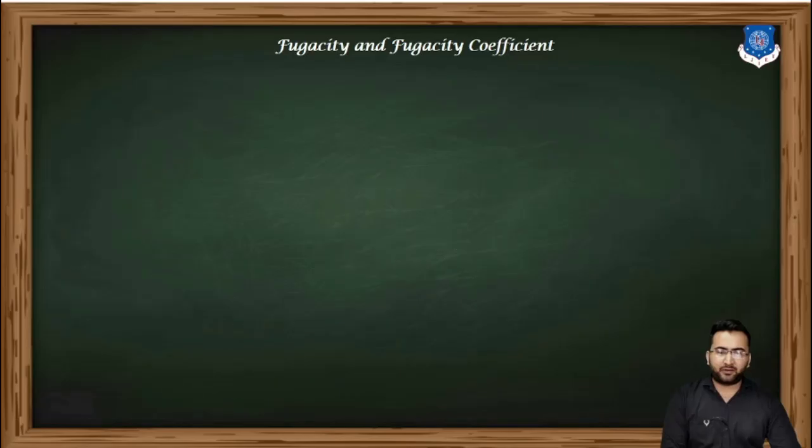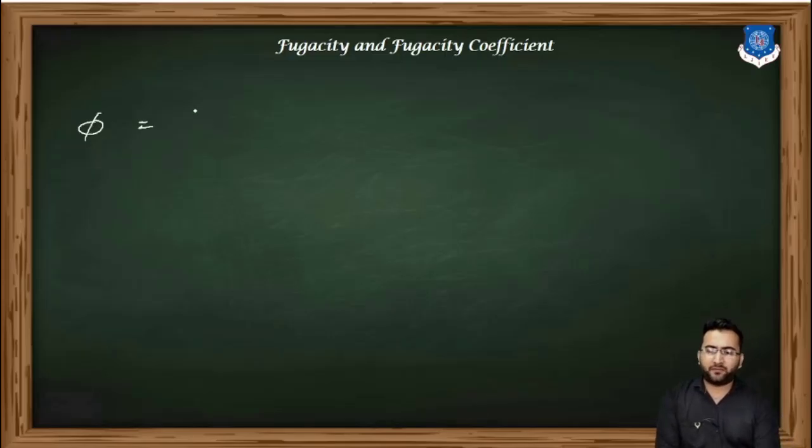Now let's discuss the fugacity coefficient. The relation of fugacity to pressure is known as the fugacity coefficient. It is denoted by phi, and the definition is that phi is the ratio of fugacity upon pressure.